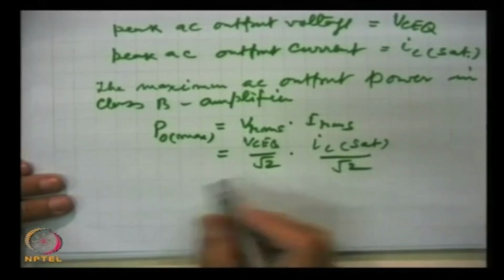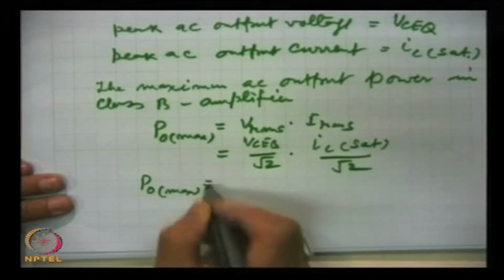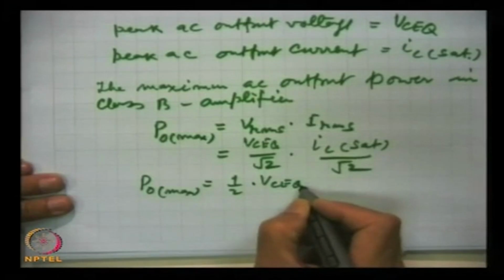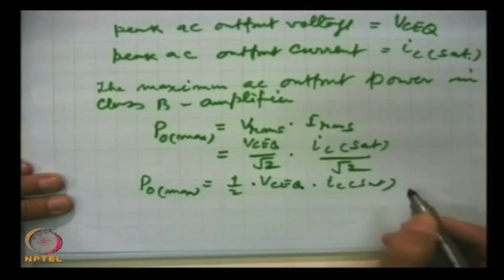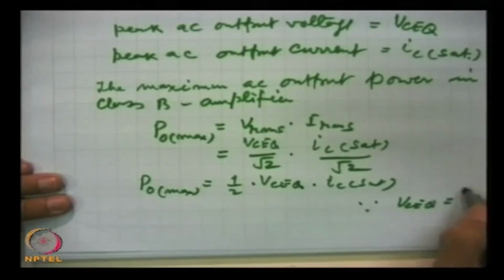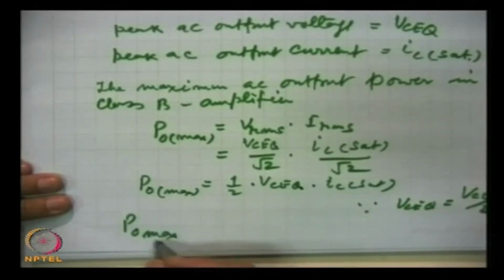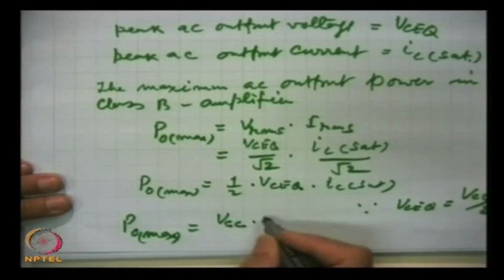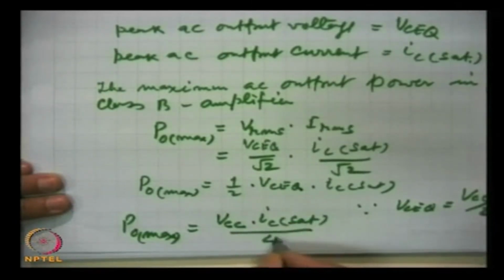So, PO maximum is equal to half VCEQ into IC sat. Since VCEQ is VCC by 2, PO max is equal to VCC into IC sat by 4.